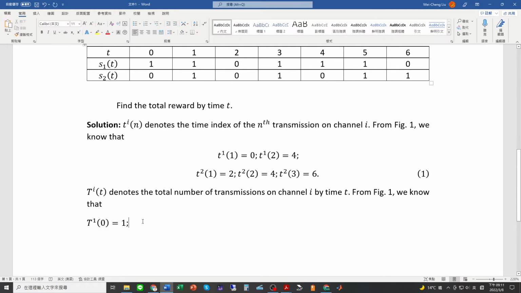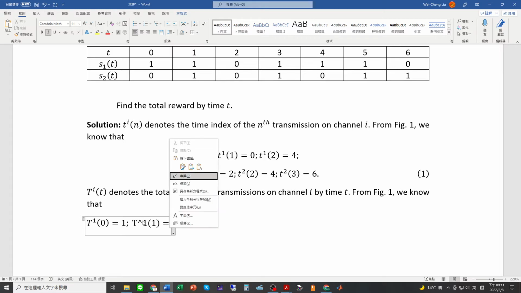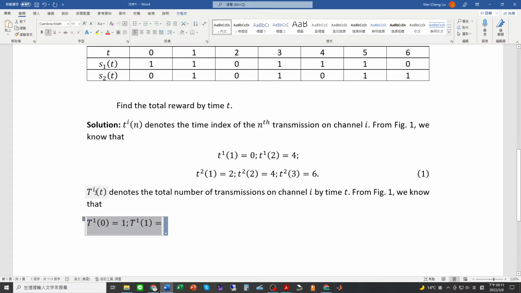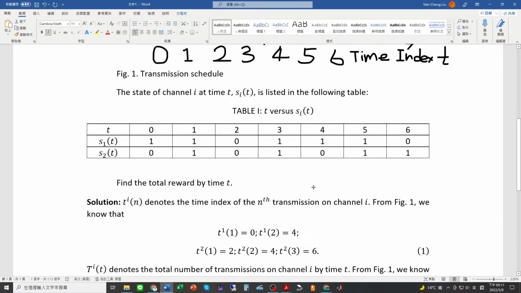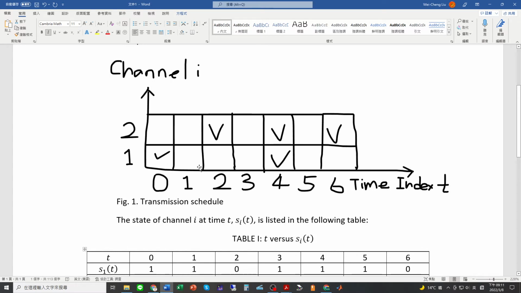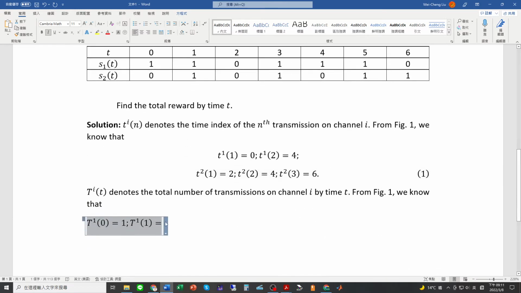And then we want to find T1 of 1. We can see that T1 of 1 denotes the total number of transmissions on channel 1 by time 1. By this time, the total is 1, so it is equal to 1.